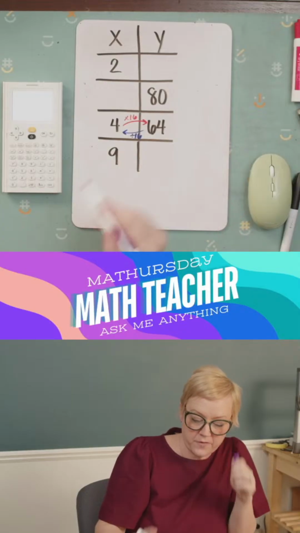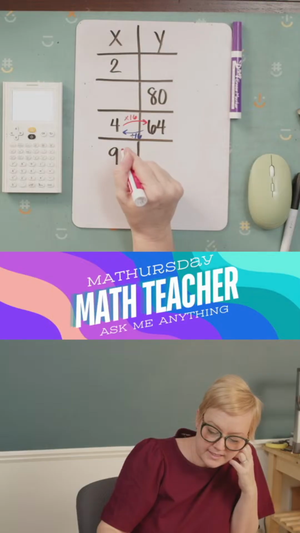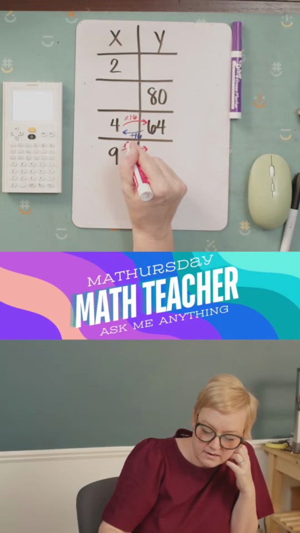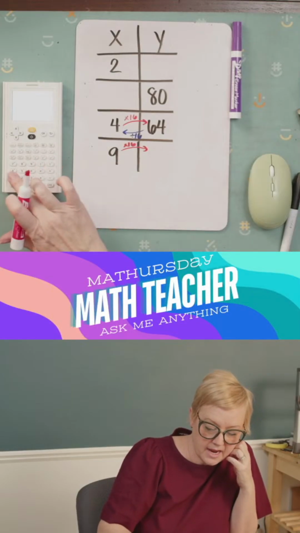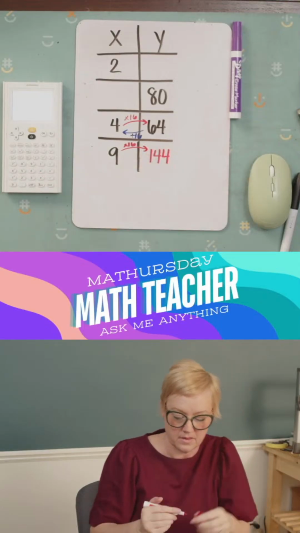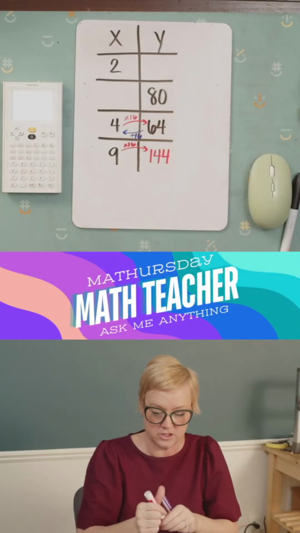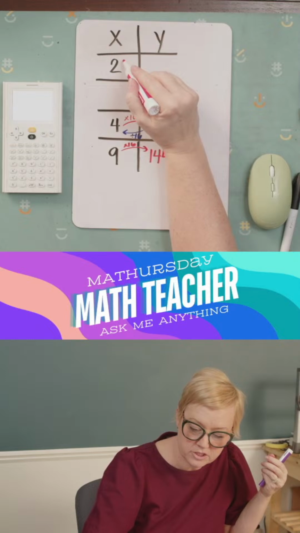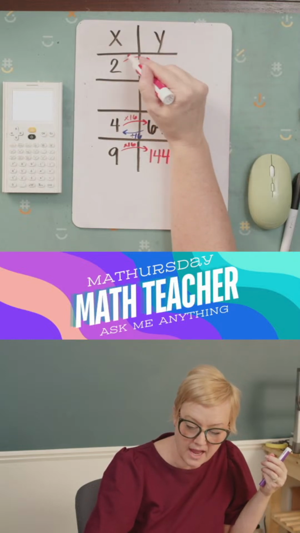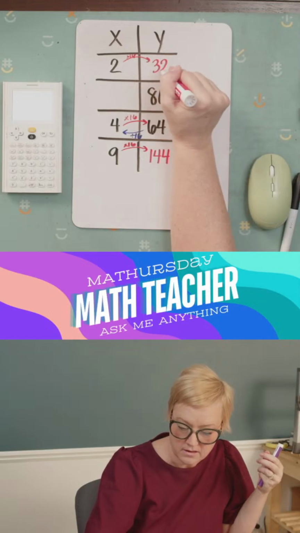Here for 9, I have my x, so I'm going to say times 16. 9 times 16 is 144. Up here, I could do the same thing with 2. 2 times 16 gives me 32.